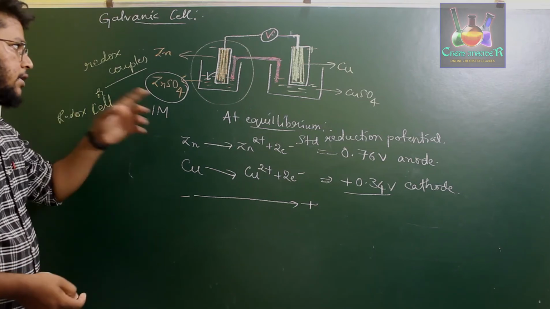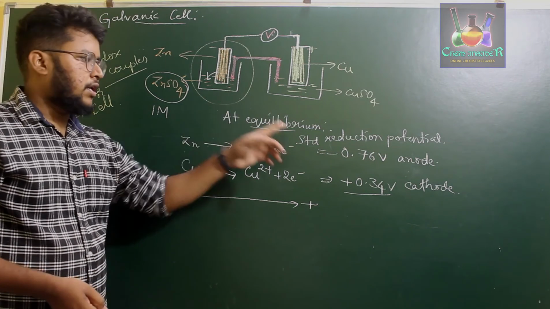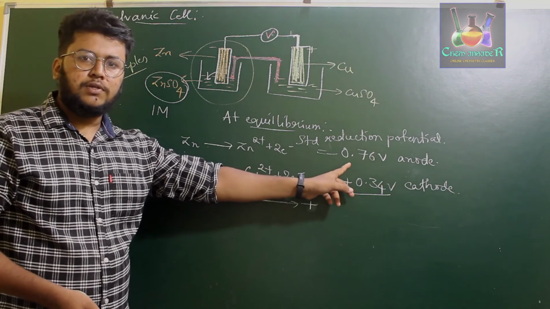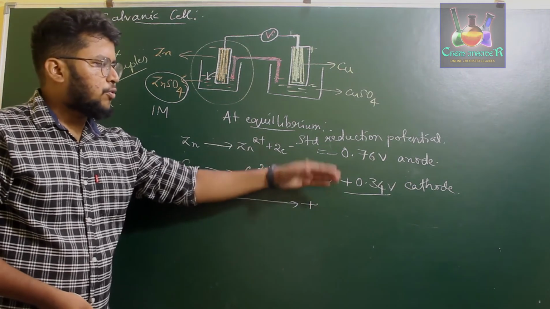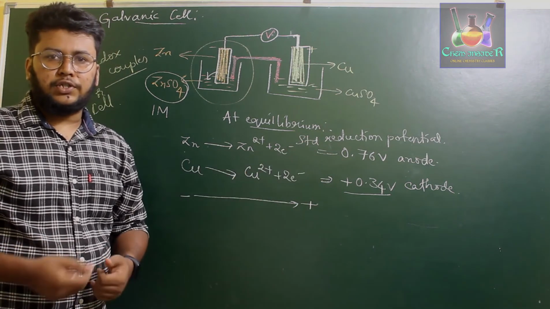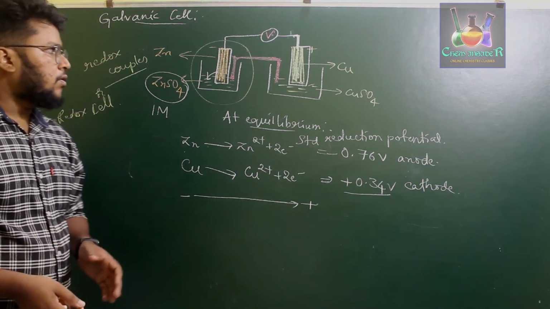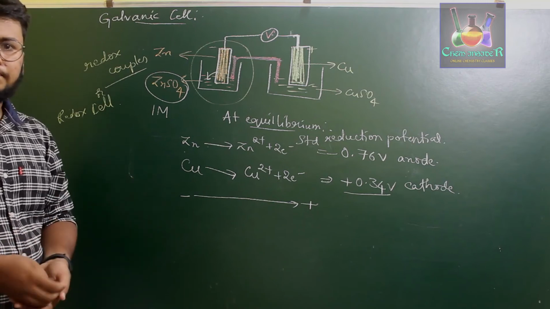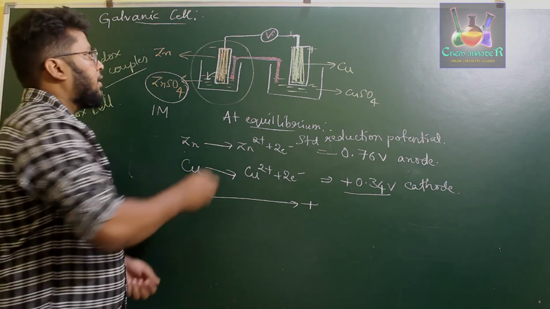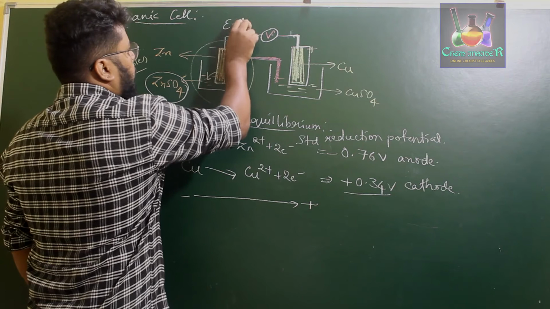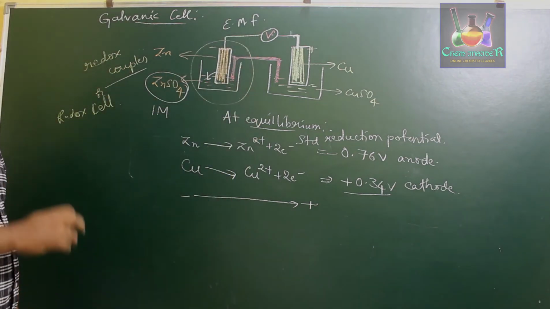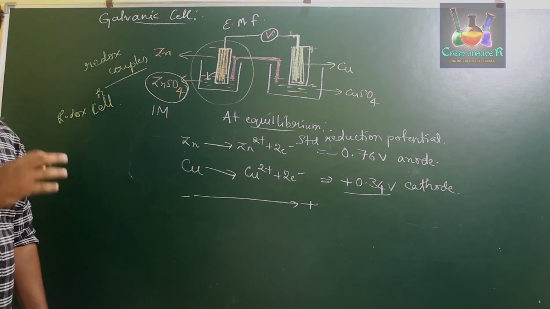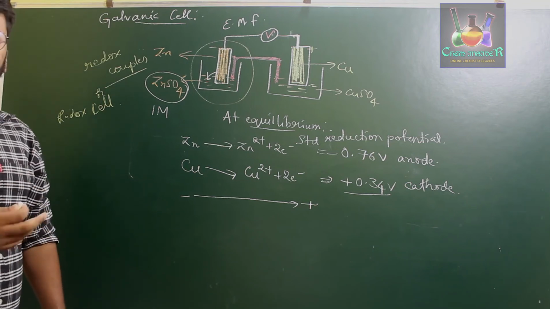Now in this particular reaction, zinc sulfate has an electrode potential of -0.76, and copper has an electrode potential of +0.34. Clearly both of these have different electrode potentials. Once you have constructed this cell, we can determine the electromotive force, or the potential of the complete cell, which is also called the cell potential.